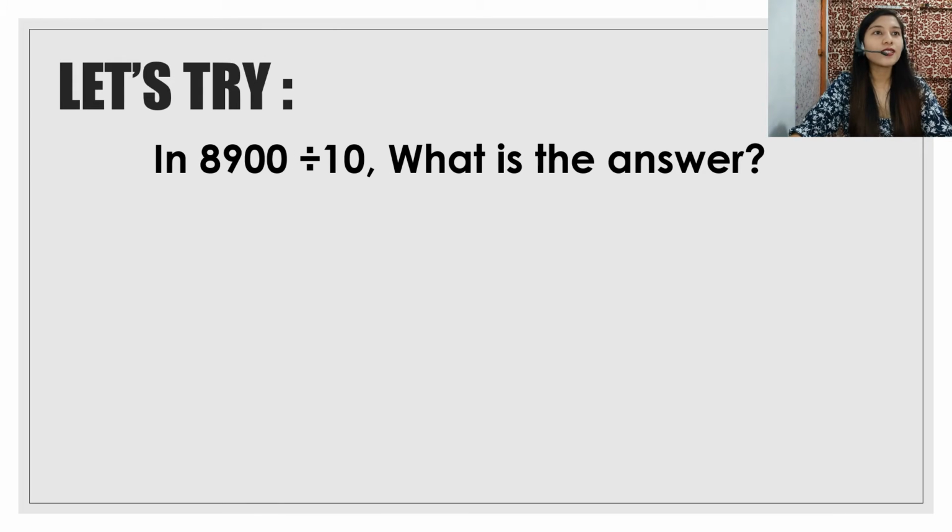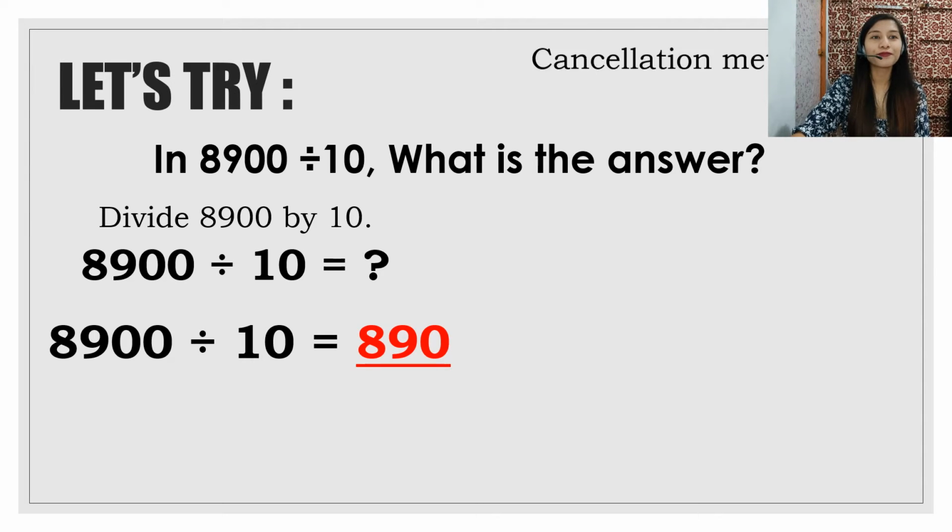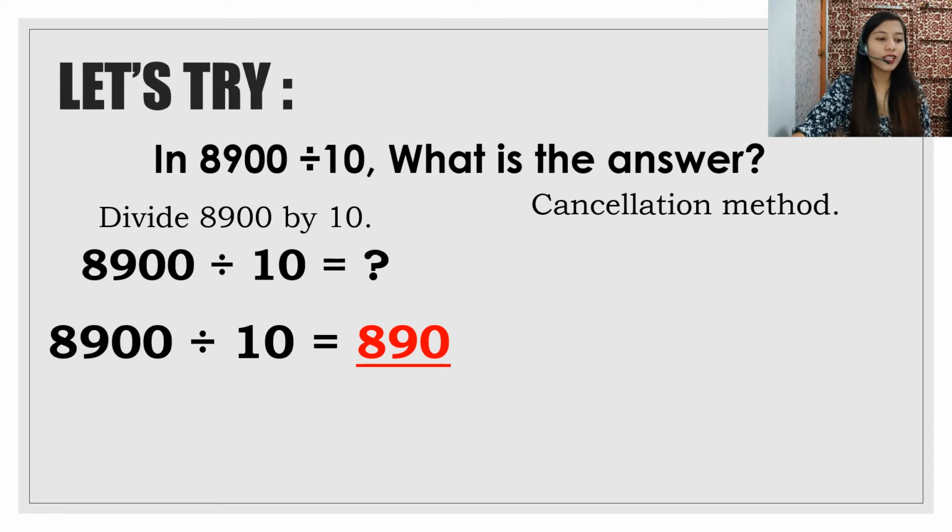In 8,900 divided by 10, what do you think is the answer? We divide 8,900 by 10 and come up with 890.